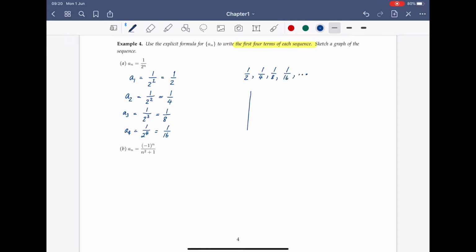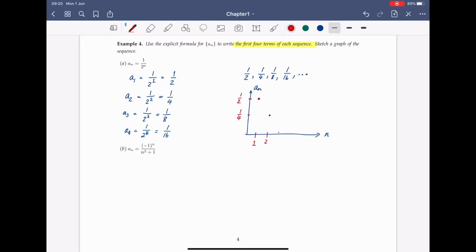So if you want to graph this sequence, this is our n, this is our a_n. So the first term is going to be 1/2. Let's say this is 1/2. So the first term is here, right? And then the second term, this is 1/4, so it's here.